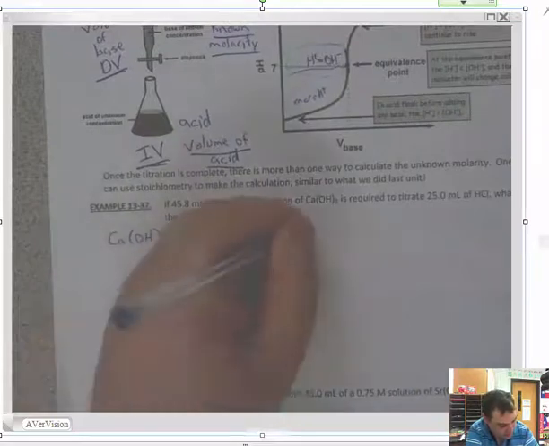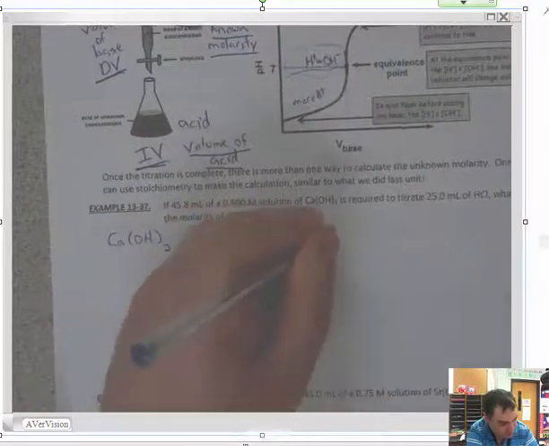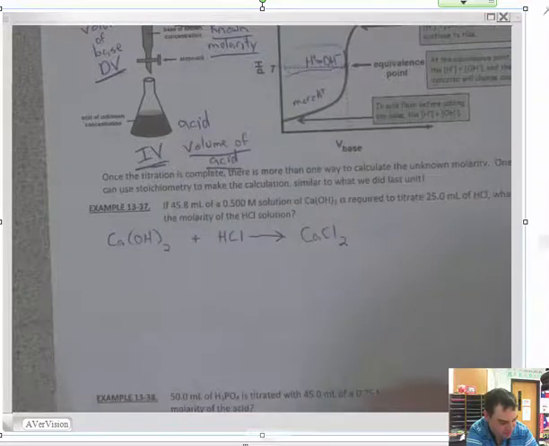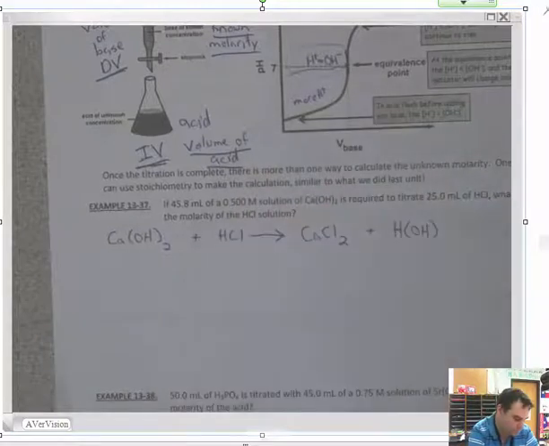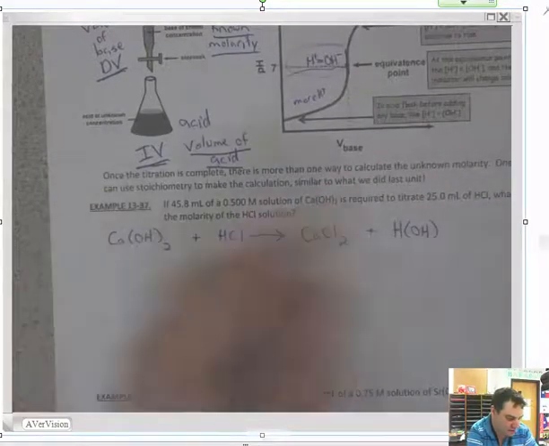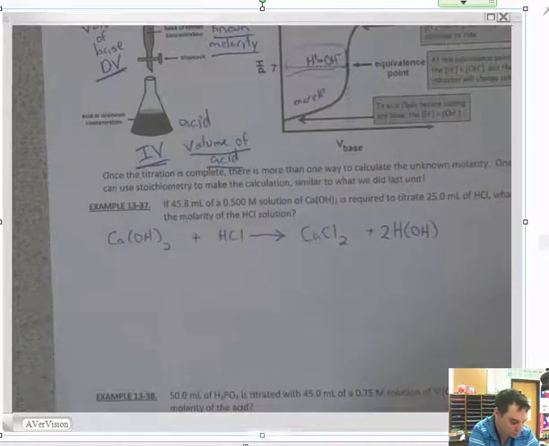Ca goes with Cl. Ca is plus 2, Cl is minus 1, so it's CaCl2. And H goes with OH, making water. Okay, we have to balance the reaction. We have two OHs, so we're going to put a 2 here. It gives us two H's, so we need to put a 2 here.